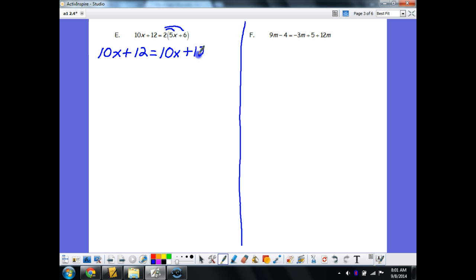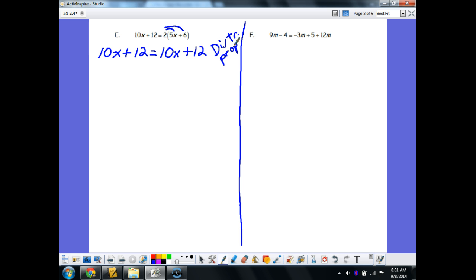And once again, that is the distributive property. Sorry, the pen is a little slow. I must be trying to do too much with my computer right now.